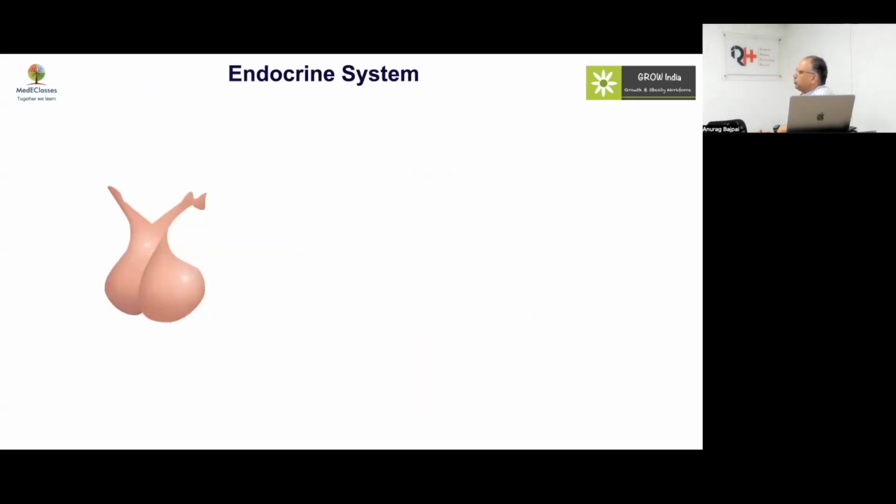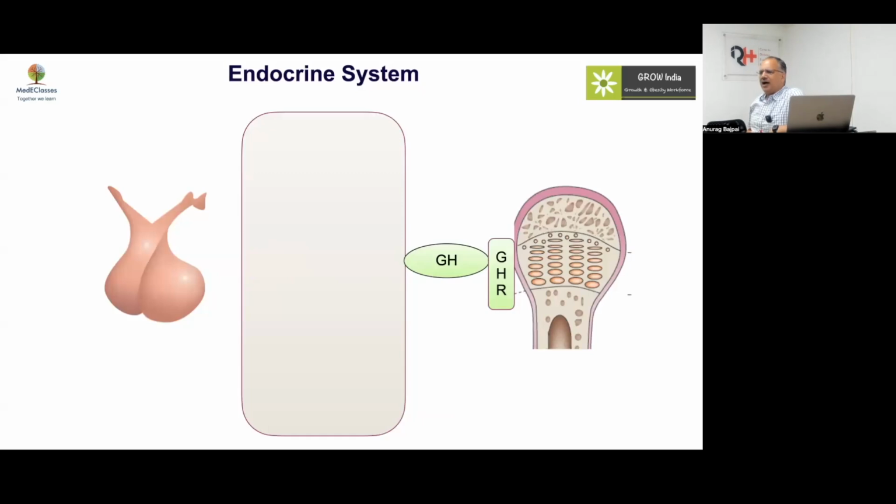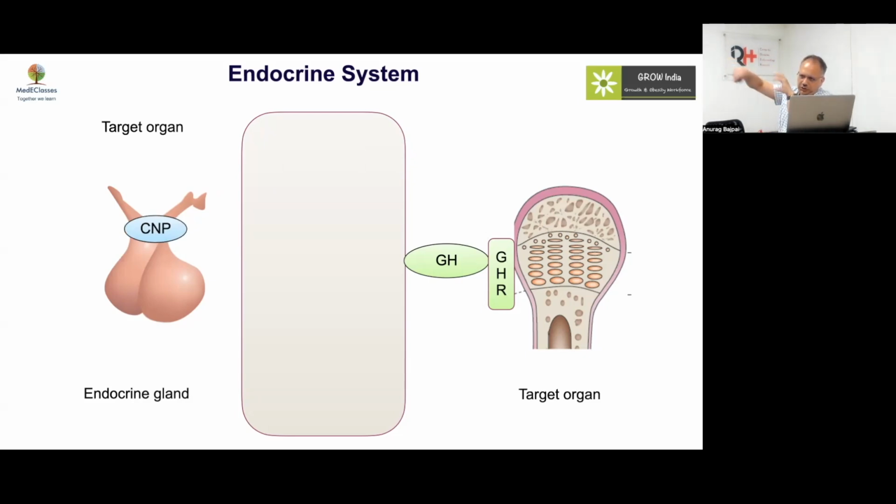So this becomes important. Now, as we discussed, we have a compound which is going to act at a particular receptor. So you have the endocrine gland and the target organ. Now the target organ will also produce something. It may be IGF-1, it may be CNP, which is then going to act on the primary organ. So this becomes important: what is a target organ and what is the primary organ?